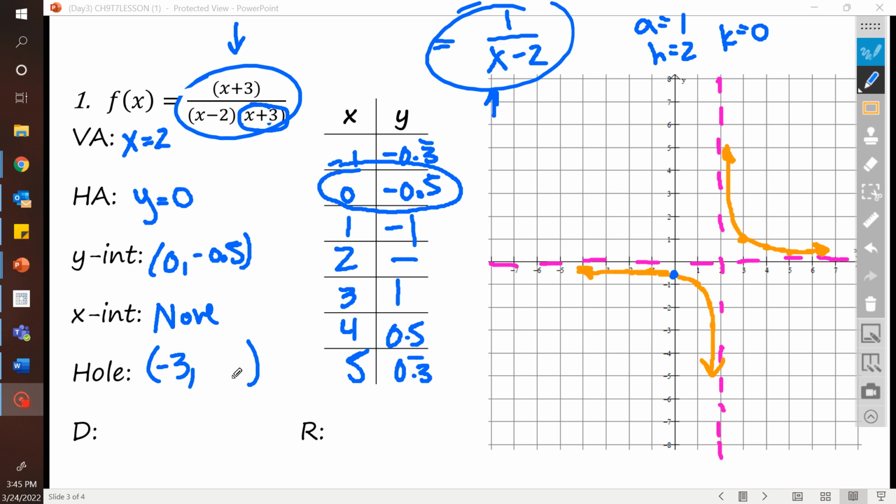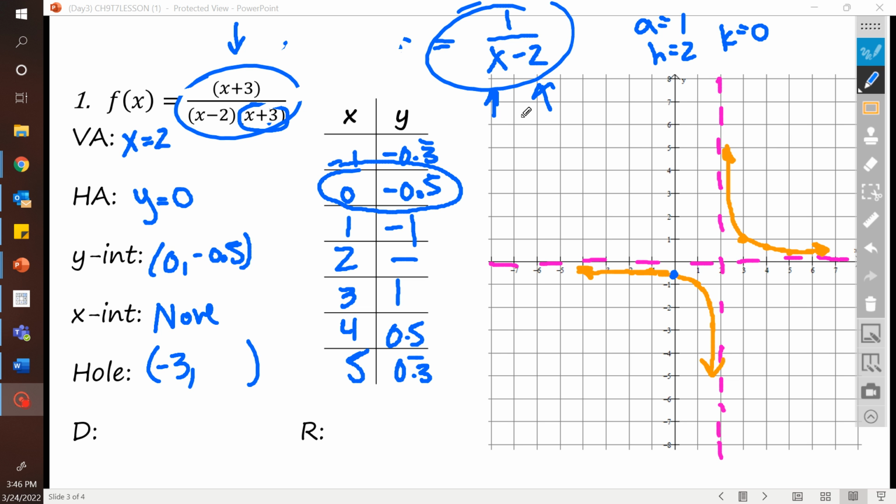That's the x coordinate. You can find the y coordinate by plugging it into this equation right here, which is the graph of this. The only difference between this one and this one is that hole. Basically, that's it, the hole. So we can figure out where the hole is by just plugging it into this equation to see what it is.